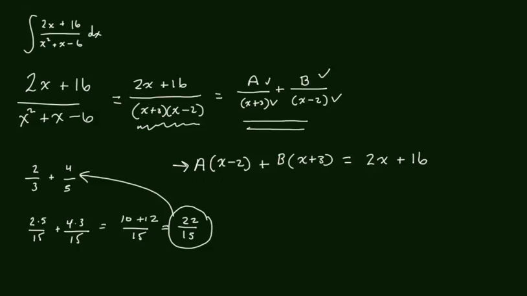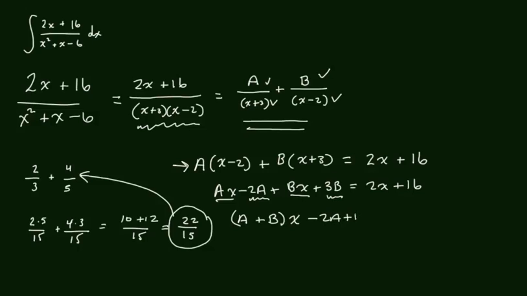Now what I'm going to do here is distribute the a and distribute the b, continuing the equality. And again, the only goal is to find a and b, so we're going to set up a system of equations. So you see here I have ax and bx. So if I put those together, I have a plus b times x, and then the other constants are going to be minus 2a plus 3b, again equals 2x plus 16.